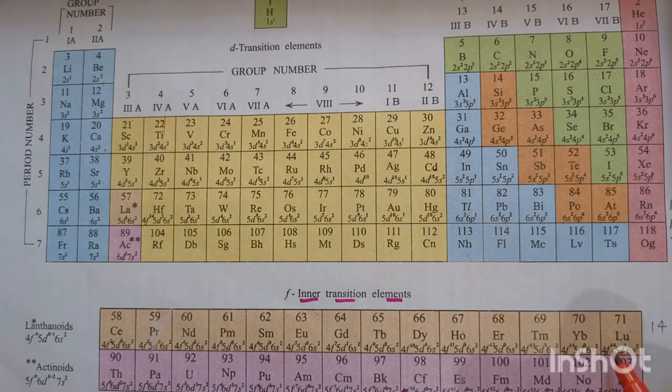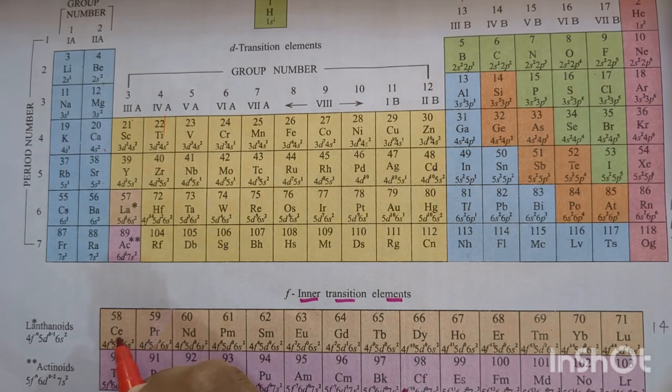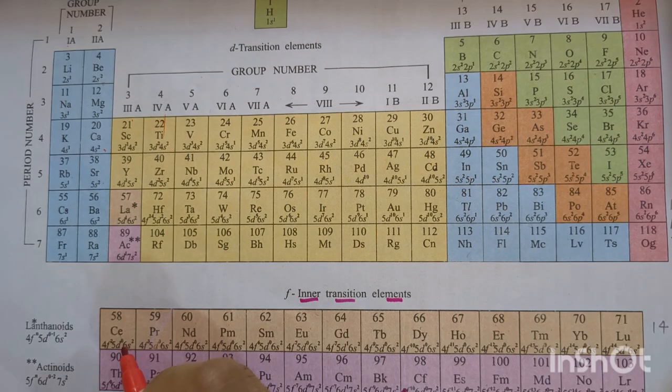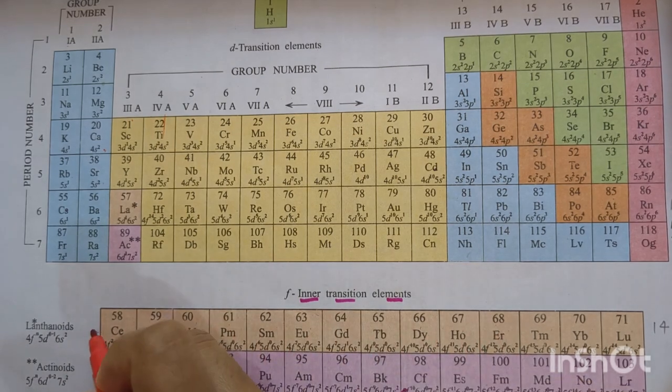The maximum number of electrons possible in f orbitals is 14. So the 4f orbital is completely filled for lutetium. This is also a part of the sixth period. And this gives the 4f inner transition series, which is called the lanthanoid series.